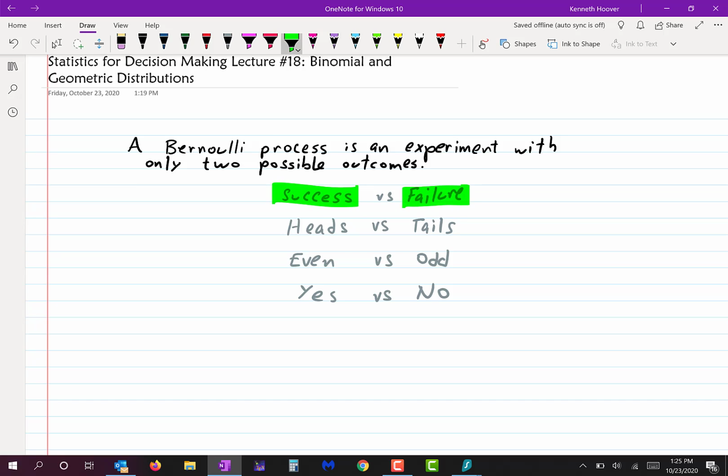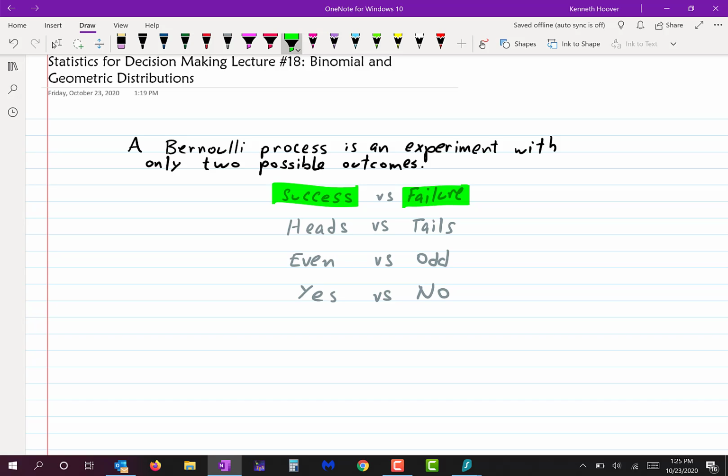Now you can always use these words, success and failure. Even if you're doing heads and tails, you can just say, okay, we're going to call heads a success and tails a failure. There's no positive and negative connotation there. It's not like one's better than the other. If that bothers you and you like tails better than heads, then you can call tails success and heads failure.